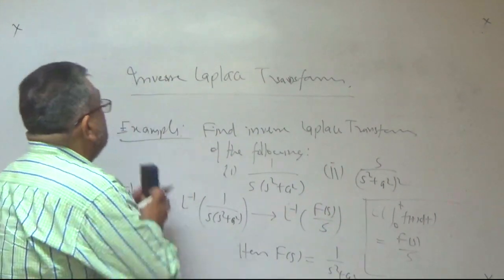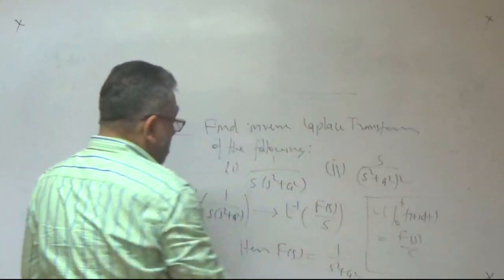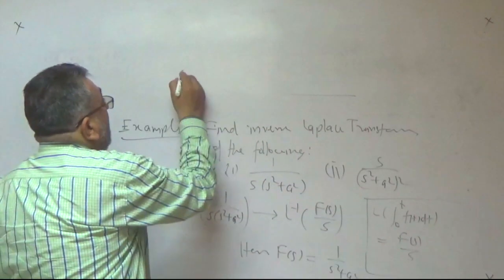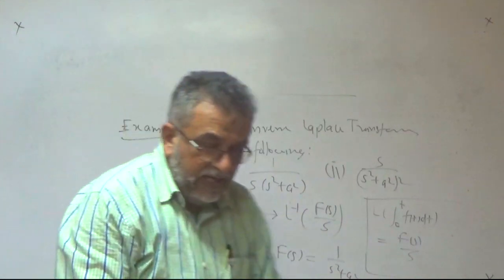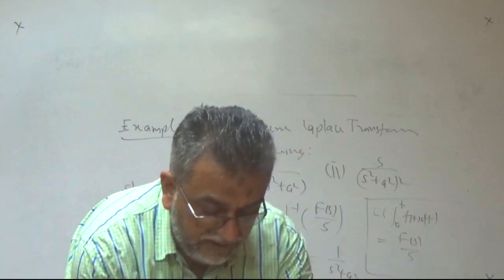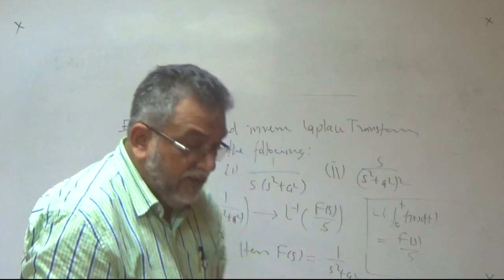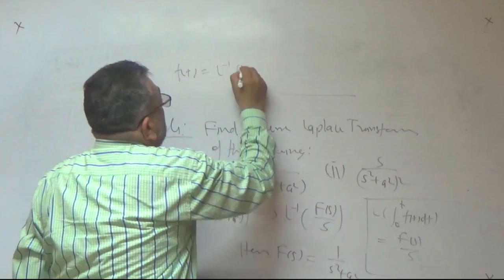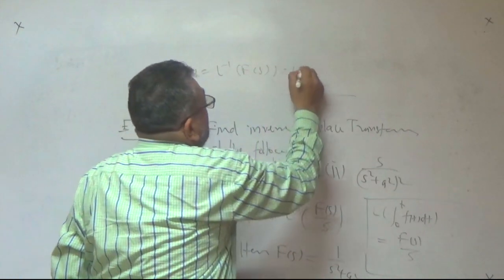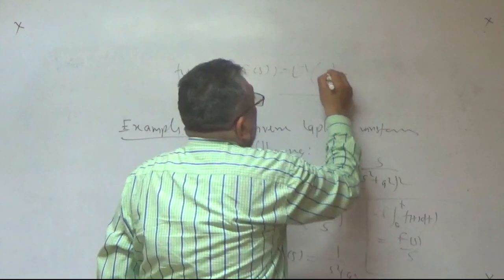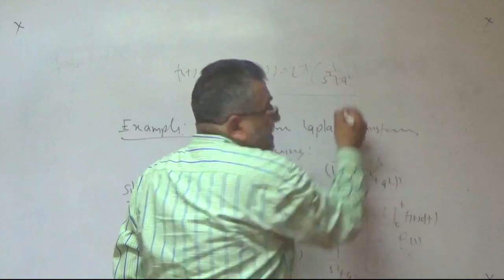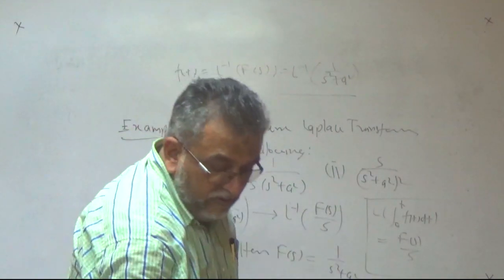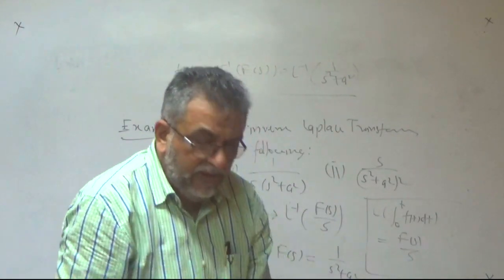F of t means we have to find the inverse Laplace transform. What is small f(t)? Small f(t) means the inverse Laplace transform of capital F(s), that is, the inverse Laplace transform of 1 upon s square plus a square. That is a very important and useful formula.